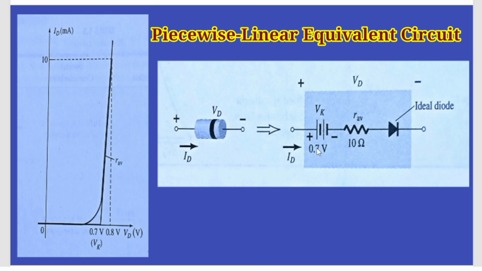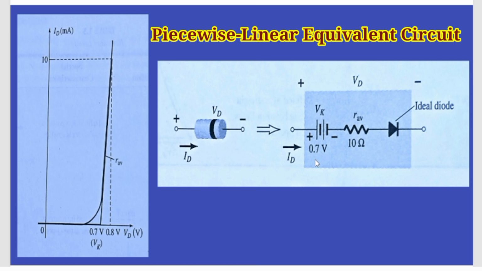The battery simply specifies that the voltage across the device must be greater than the threshold battery voltage before conduction through the device in the direction dictated by the ideal diode can be established. When conduction is established, the resistance of the diode will be the specified value of R average.